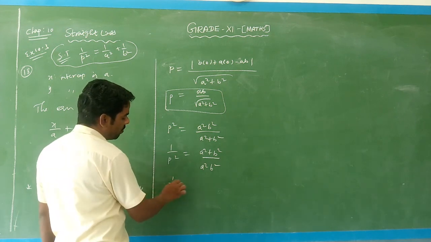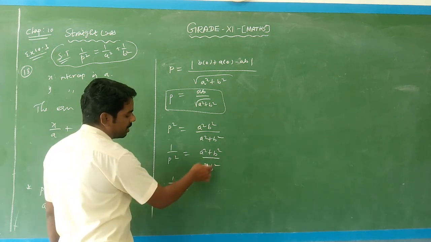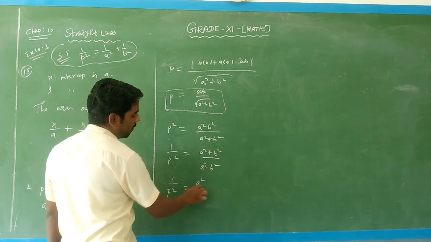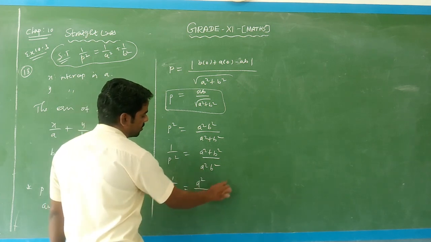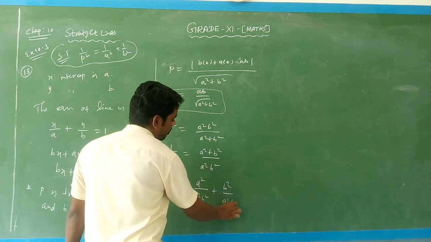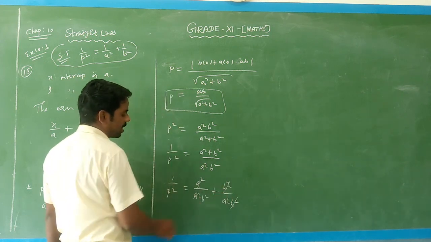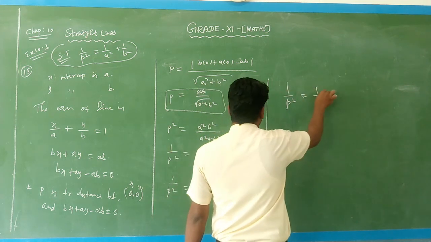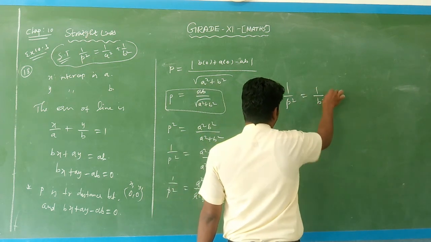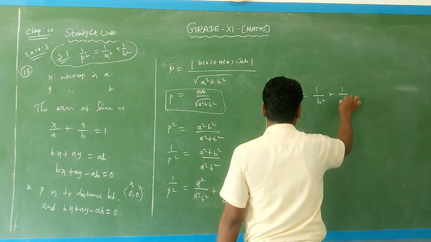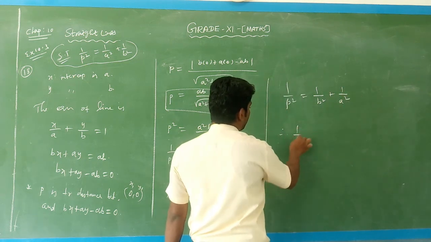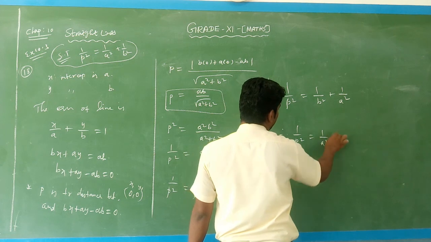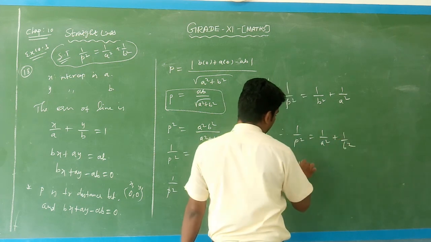Simplify this: 1/p² = a²/a²b² + b²/a²b². The b² cancels, the a² cancels. Remaining: 1/p² = 1/b² + 1/a². Therefore 1/p² = 1/a² + 1/b², hence shown.